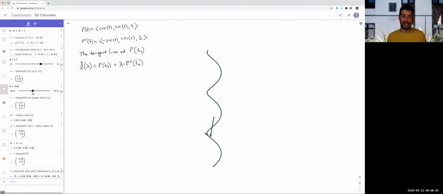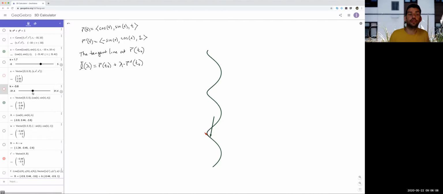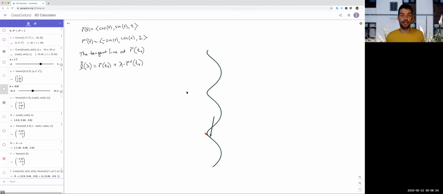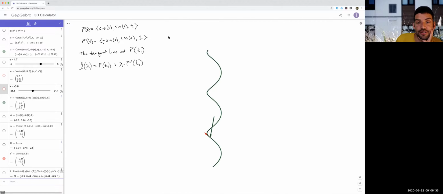We haven't gone into the details yet, but if we think of a particle traveling along this curve with parametric equations built from the same component functions, this tangent vector will represent the velocity. If this tangent vector is not changing size, it means the velocity is not changing size. Let's verify this, instead of just going by how it looks, by computing the magnitude of r prime of t.